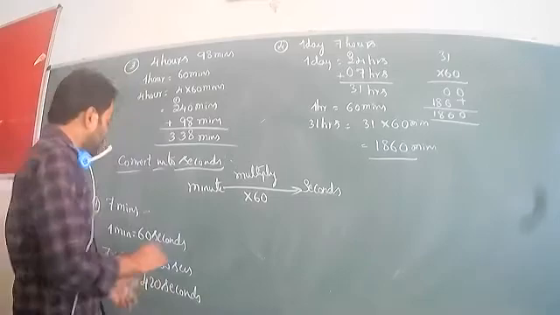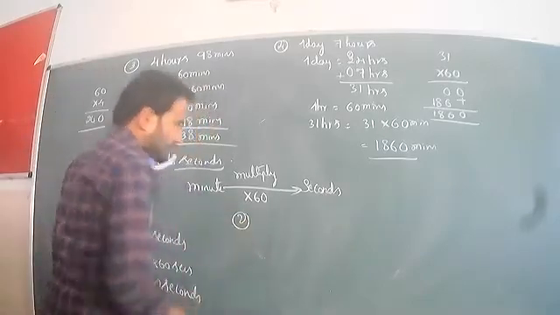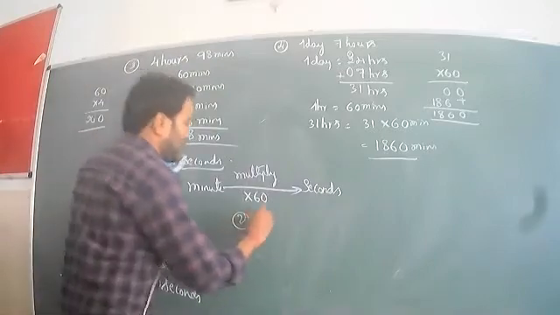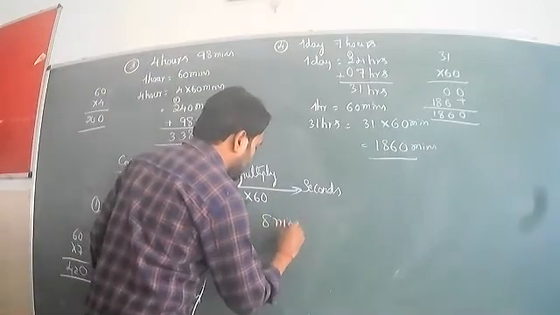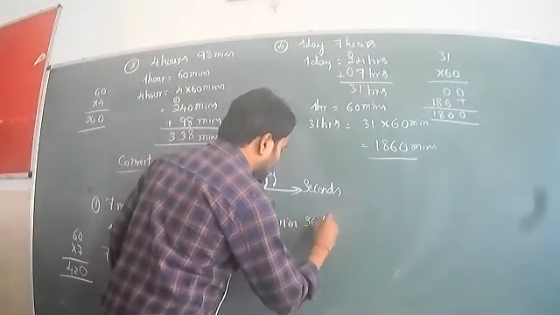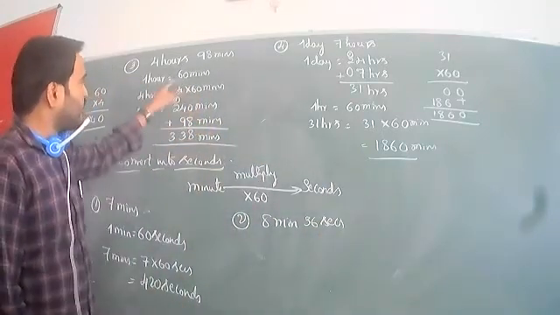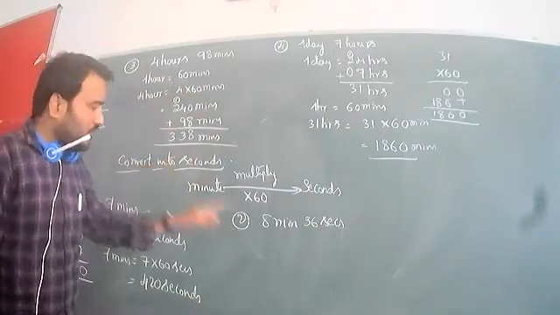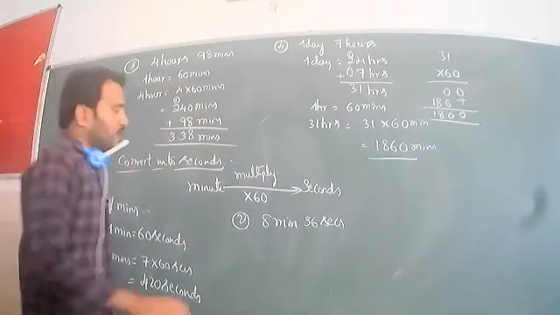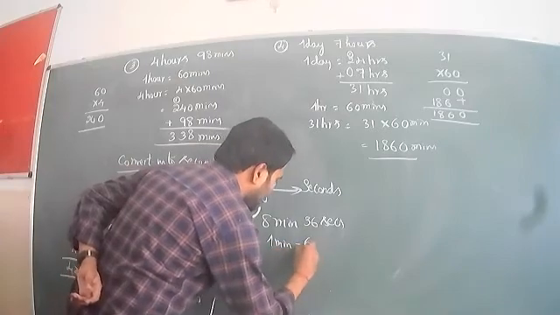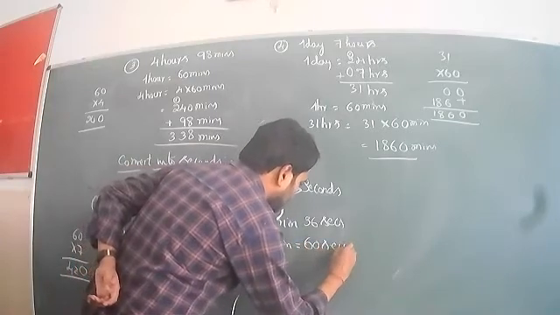Okay, now I will go for the second question. 8 minutes 36 seconds. Same as the previous question, we can add using that. Now let us convert: 1 minute equal to how many seconds? 60 seconds.